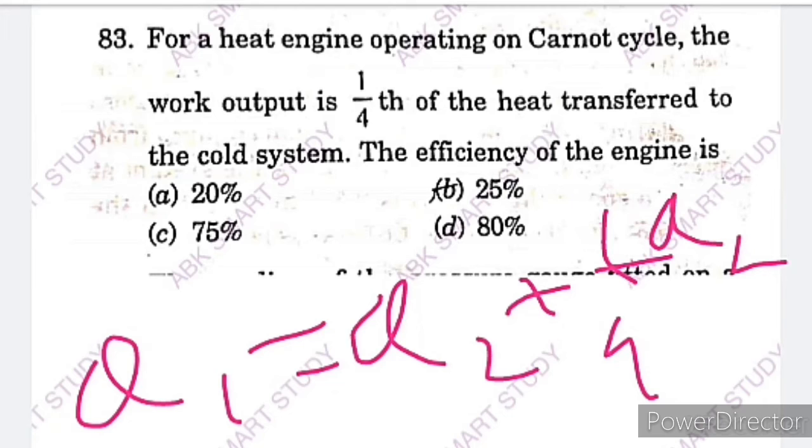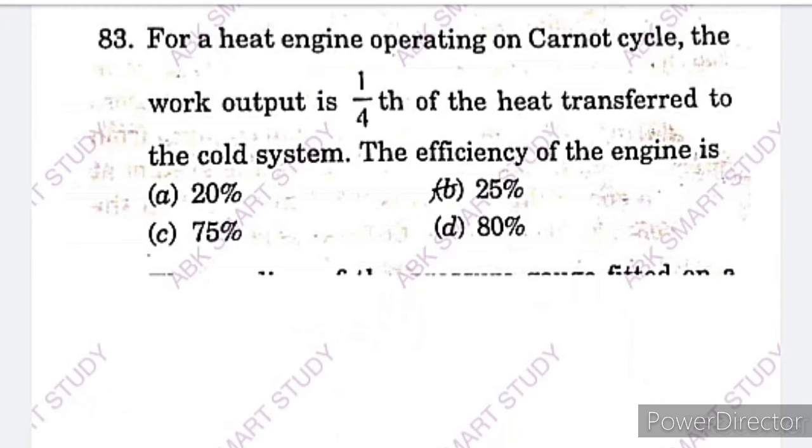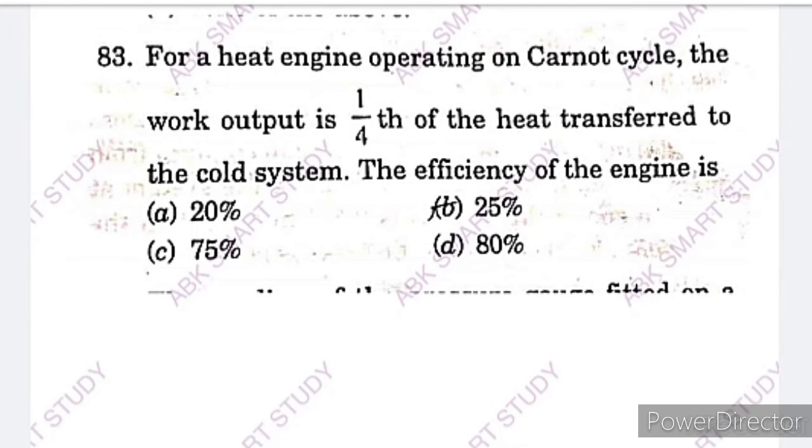1/4 into Q2. So this equation becomes 5Q2 upon 4. So efficiency of cycle, we know, is Q1 minus Q2 upon Q2.